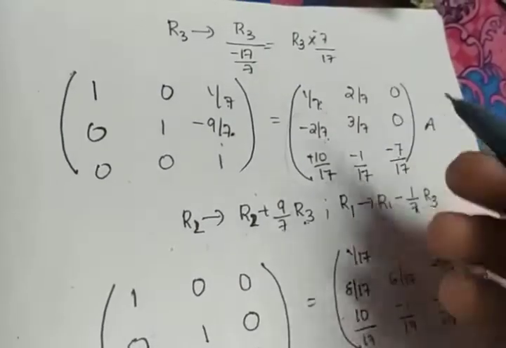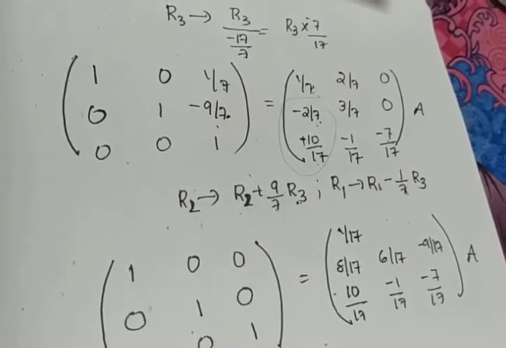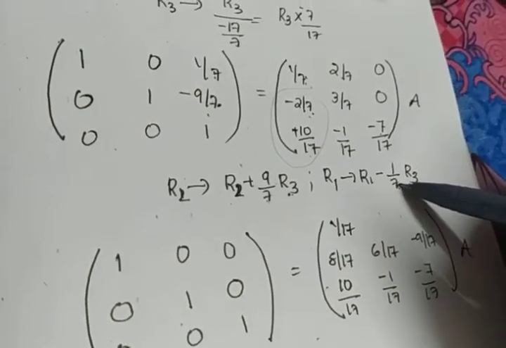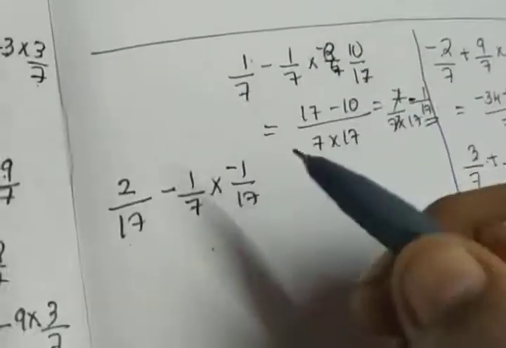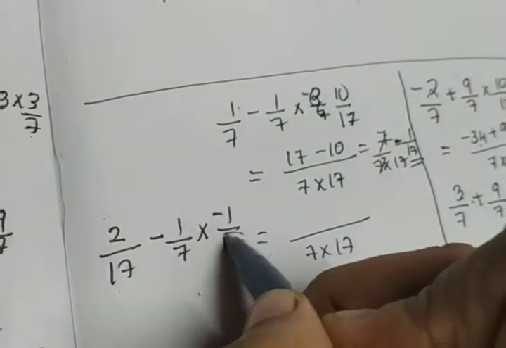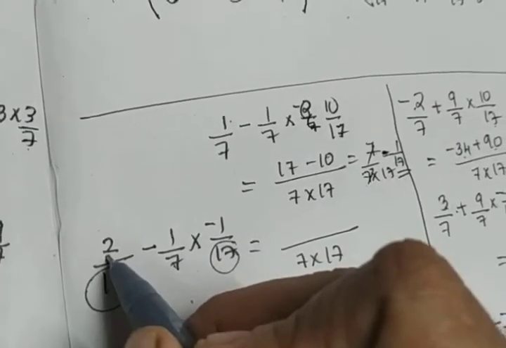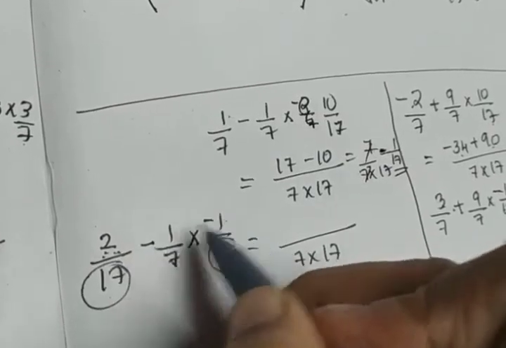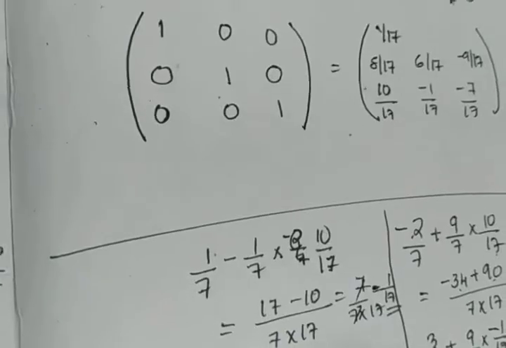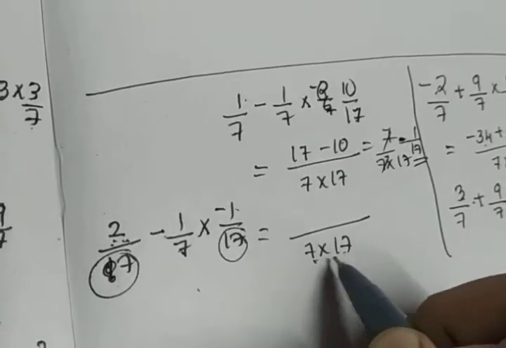Okay, again the next element: 2 by 7 minus 1 by 7 into minus 1 by 17. Here also the LCM, the denominator, will be 7 into 17. Already 17 is there, so just multiply with 7.